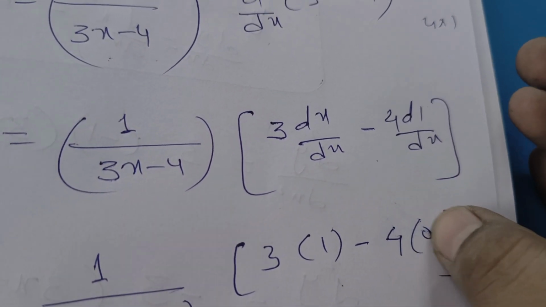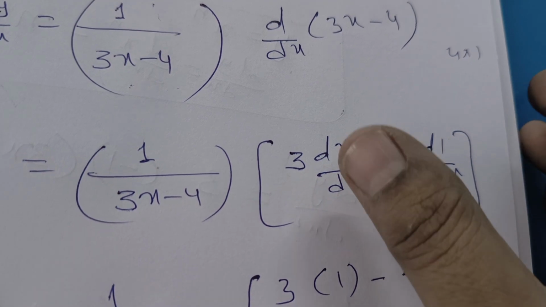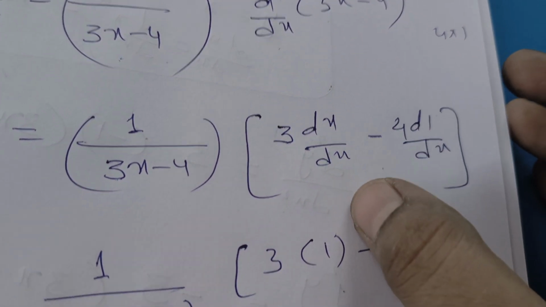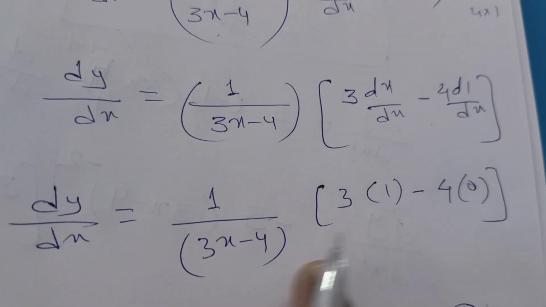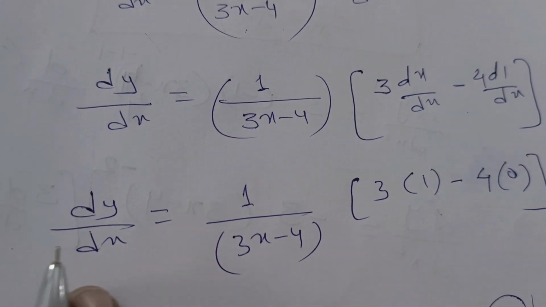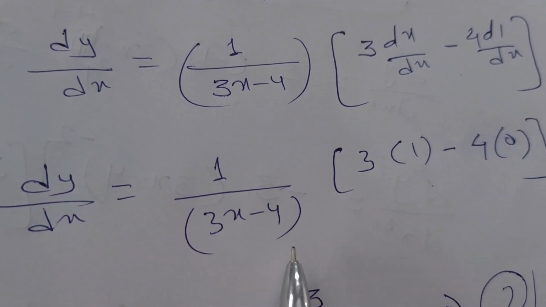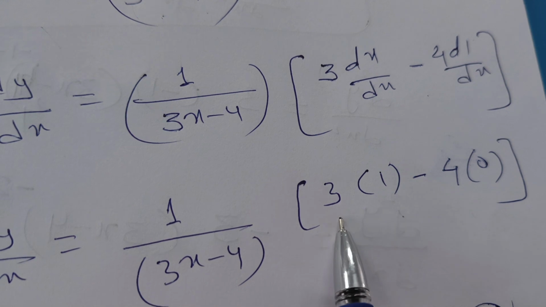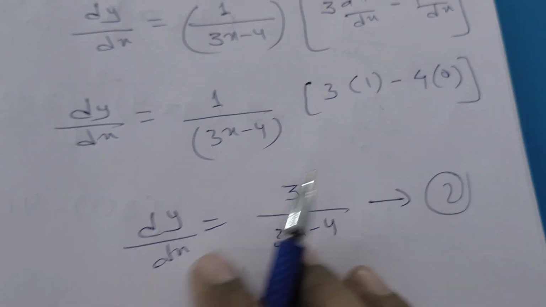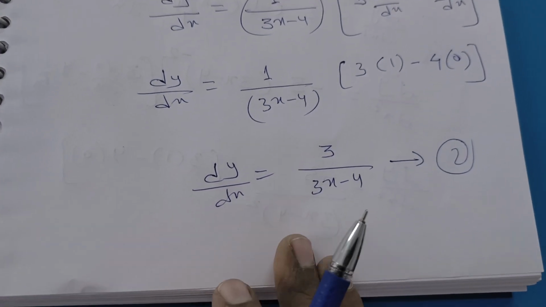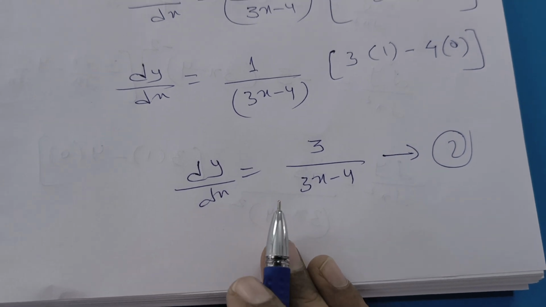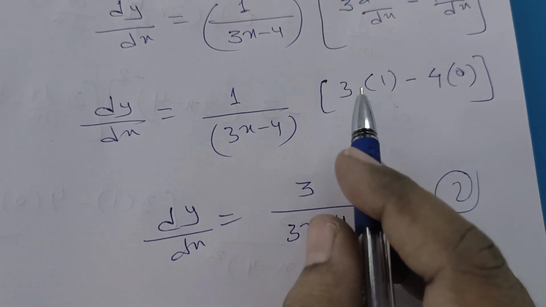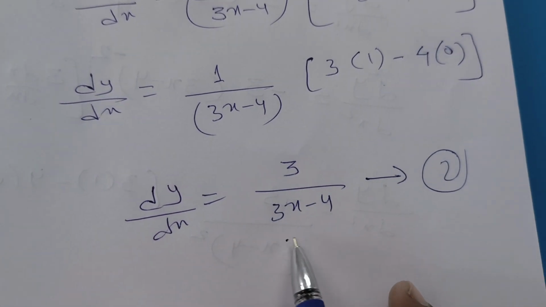So this term becomes 0, and the derivative of x with respect to x is 1. So here we are writing 1. Keep this term as it is. dy by dx is equal to 1 by 3x minus 4 into 3 into 1 minus 4 into 0. So we are getting the first order derivative, dy by dx is equal to 3 ones are 3 by 3x minus 4. This is our second equation.